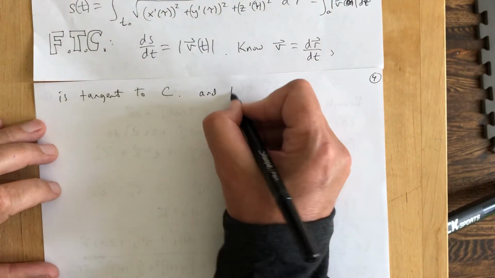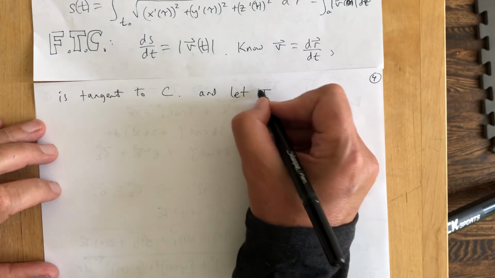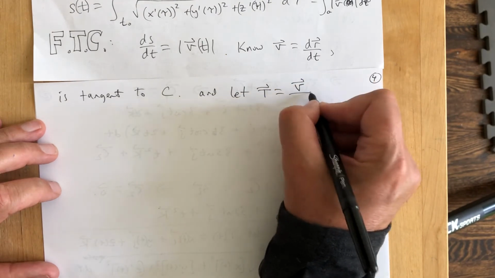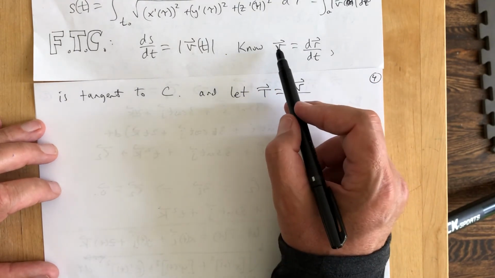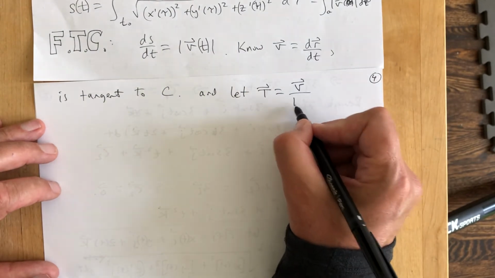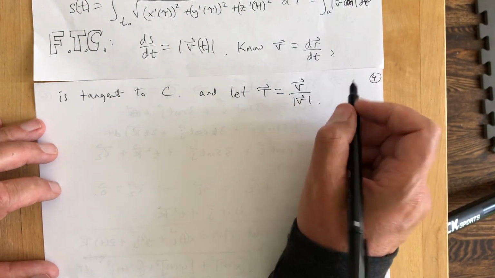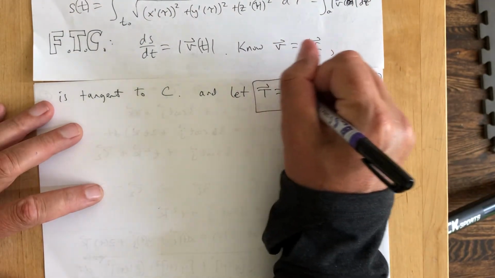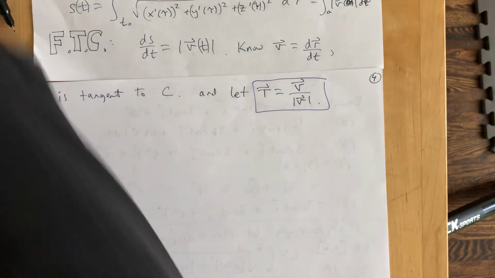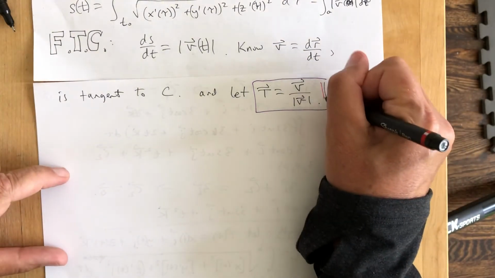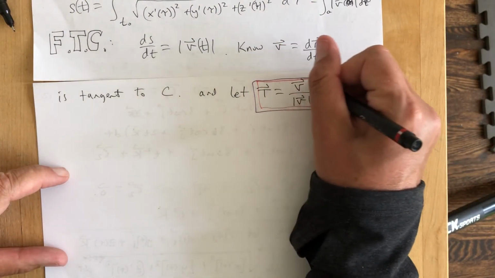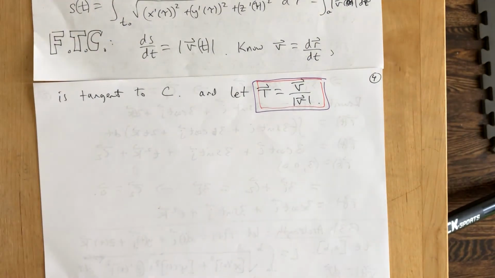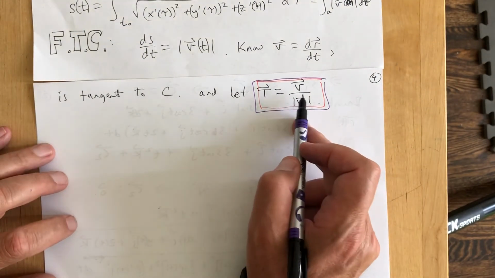We're going to let capital T be the vector you get when you take the velocity vector and normalize it. Now this turns out to be very important. This is a tangent vector of unit length.